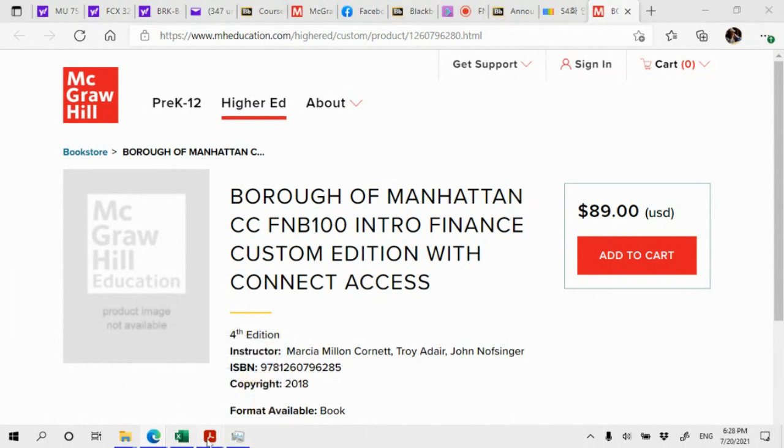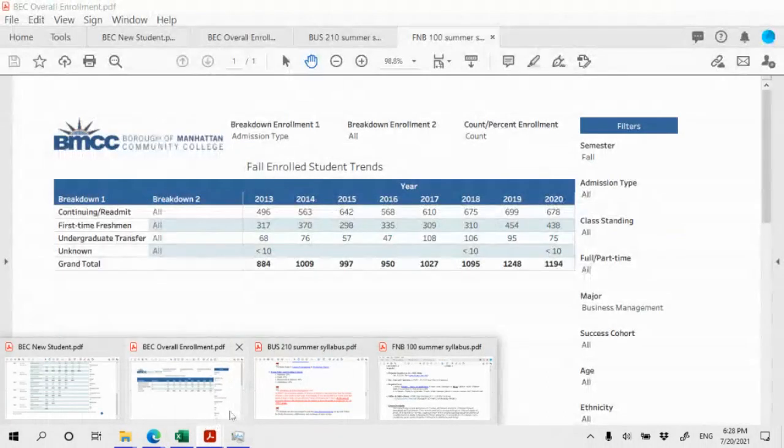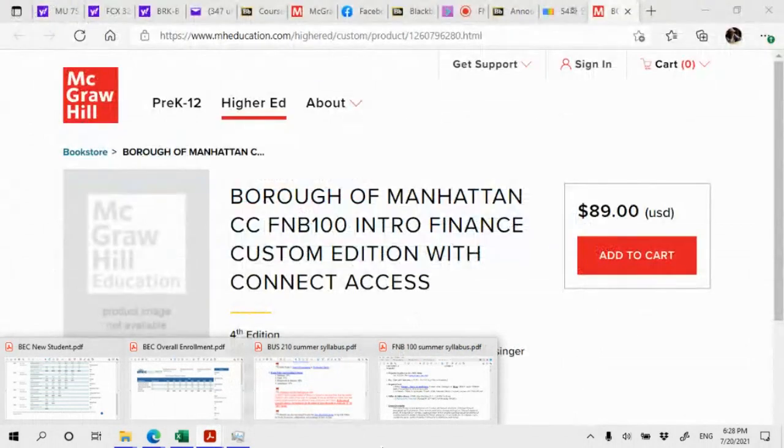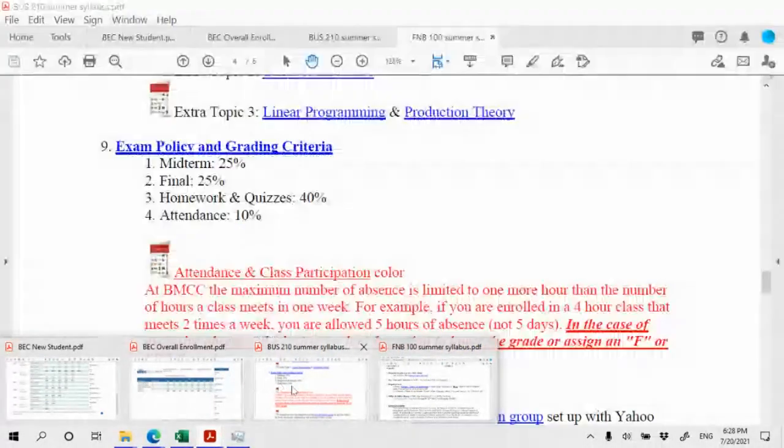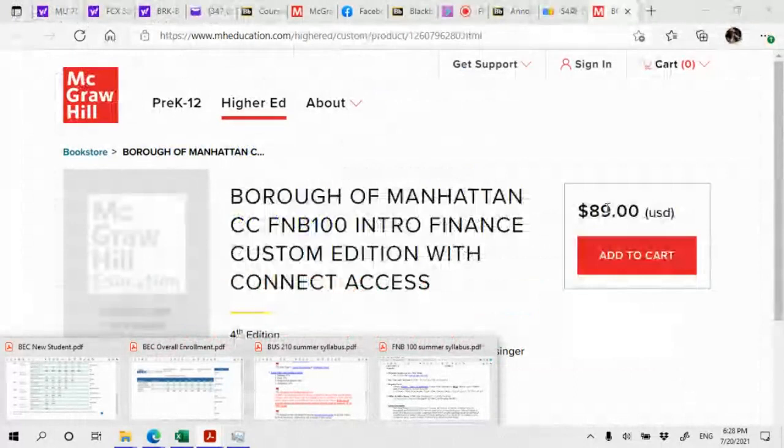Are there Connect assignments? No. I just said there won't be any Connect assignments. That's because we don't have time for that, first of all, because summer is short, and to have access, you have to purchase a new 5th edition book.